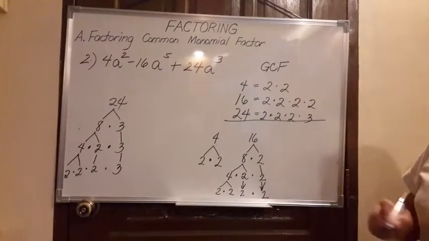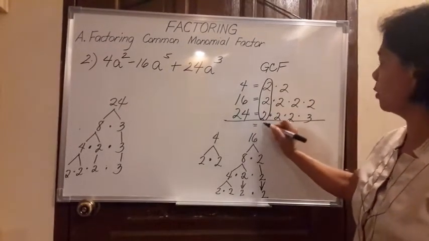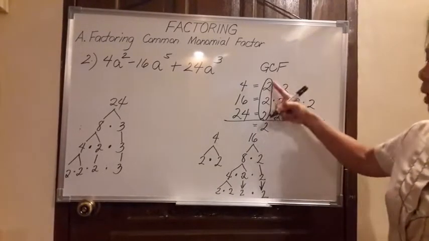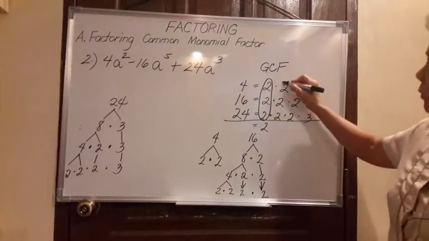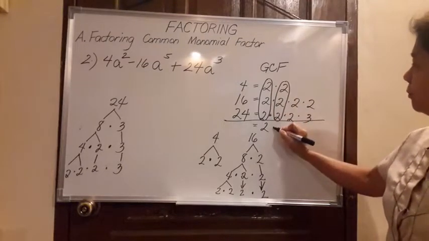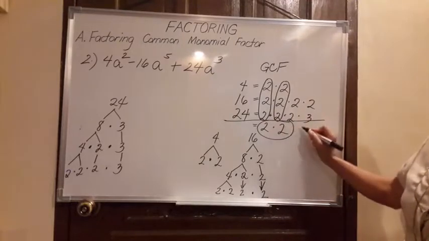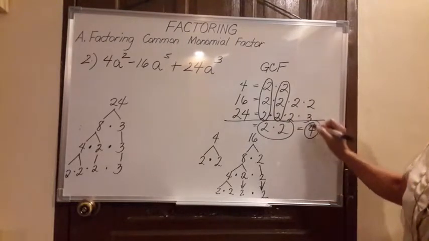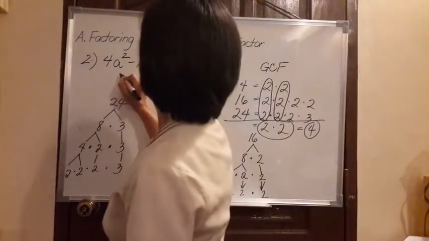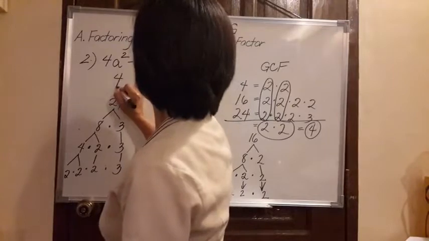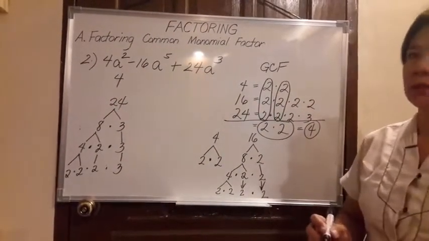Looking for the greatest common factor, we multiply all the common factors. Get one of the common factors, then another common factor, then multiply these 2 common factors, and we will get the greatest common factor, and that is 4. So here we have 4 as the greatest common factor among the numerical coefficients.